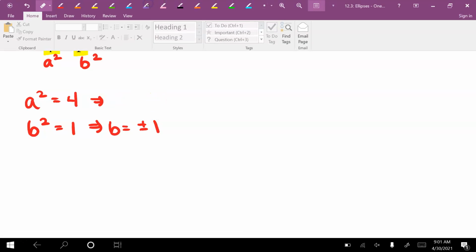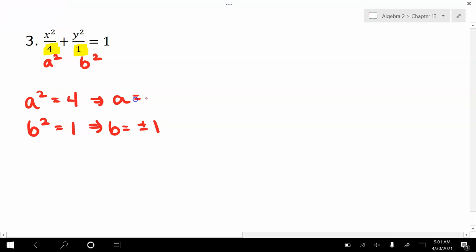Now, for identifying which side of the chart I should use, since the 4 right above it has the x squared, that tells us that the major axis is going to be the horizontal one. So it's going to be laying kind of on its side again, and it's going this way. So what we're going to do is use the left-hand side of the chart.